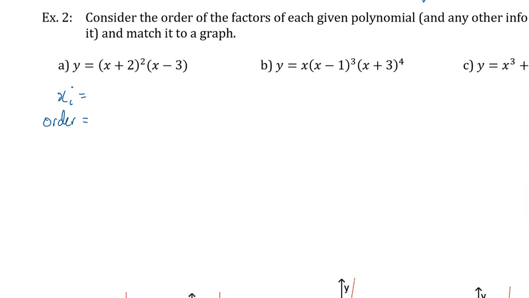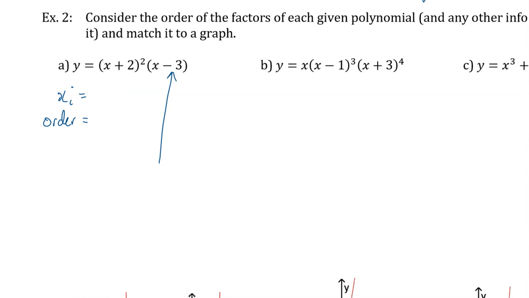So this is in factored form. Factored form means everything is in brackets. There's not like a +7 at the end. That does not count as factored form. Okay? So I look in the brackets at the numbers. 2 brackets means 2 x-intercepts.